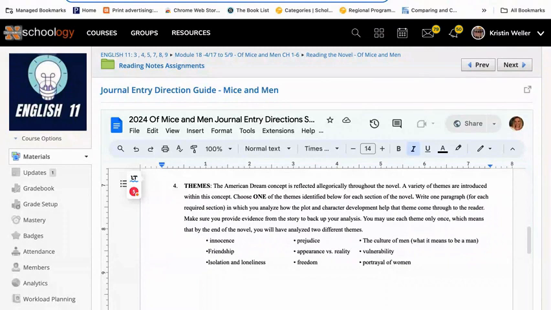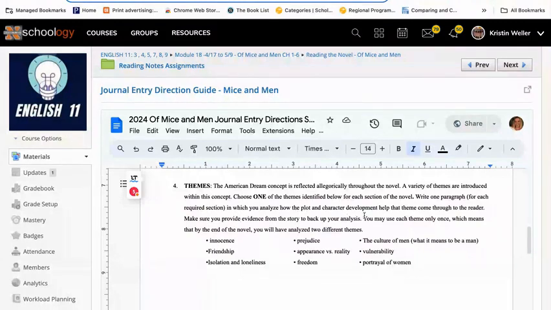When you pick one of these, I want you to write one paragraph. You're going to analyze how plot and character development help that theme be conveyed to the reader. Make sure that you provide evidence from the story to back up your analysis.